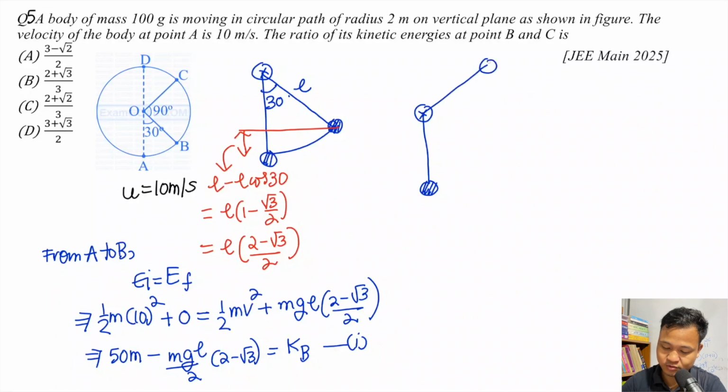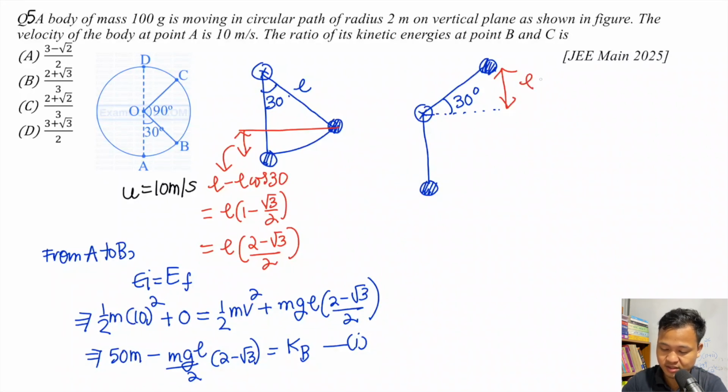Here the angle is 30, so this will be 30, and if this is 30 then this is 60, and this will be 30 as well, since it makes 90. The total height increase is mg h, which is L plus this much.